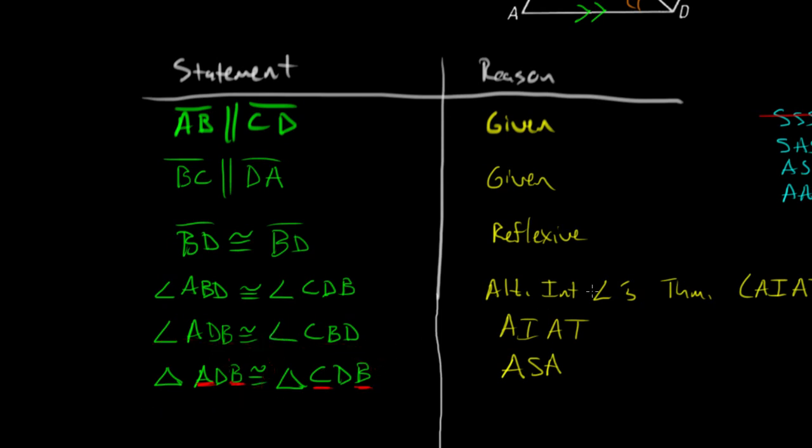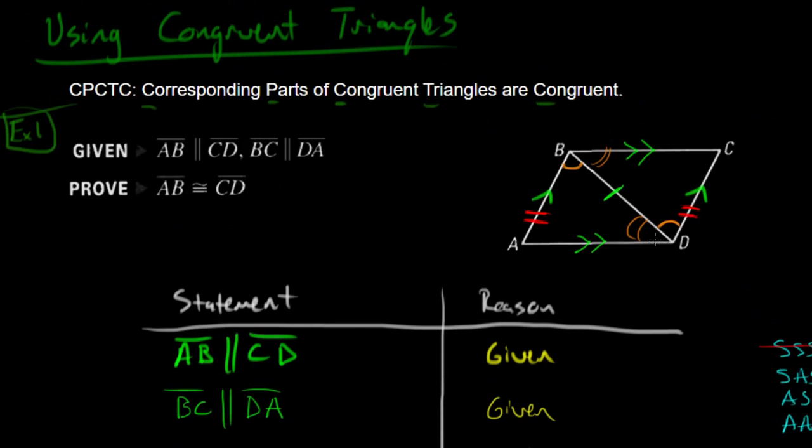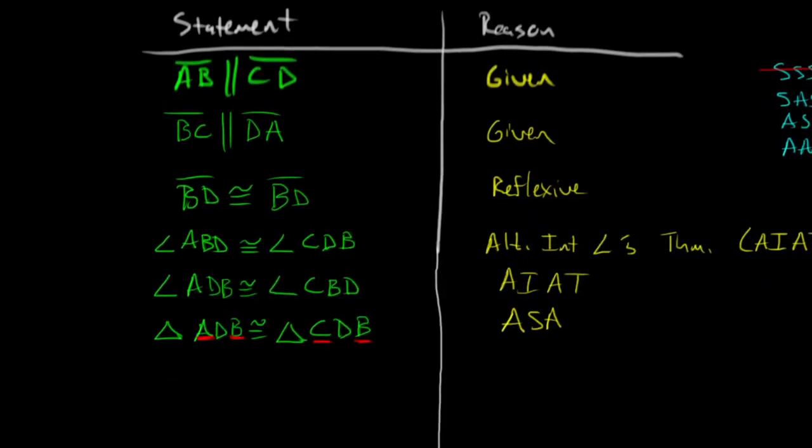So they're corresponding in that regard, and they're corresponding as far as the images are concerned, that this and this are going to be congruent to one another. And so I can conclude that because these triangles are congruent, their corresponding sides must be congruent. So I'm going to say that AB is congruent to CB.